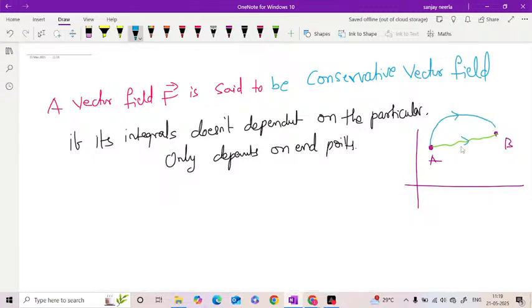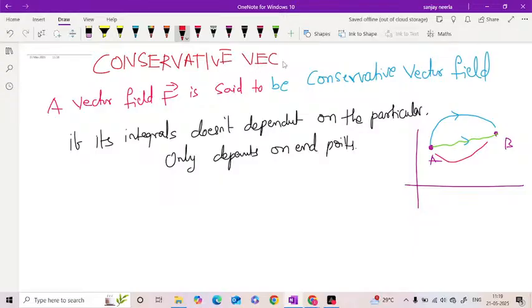Suppose the result is the same by taking any path, then that type of vector field we call a conservative vector field.